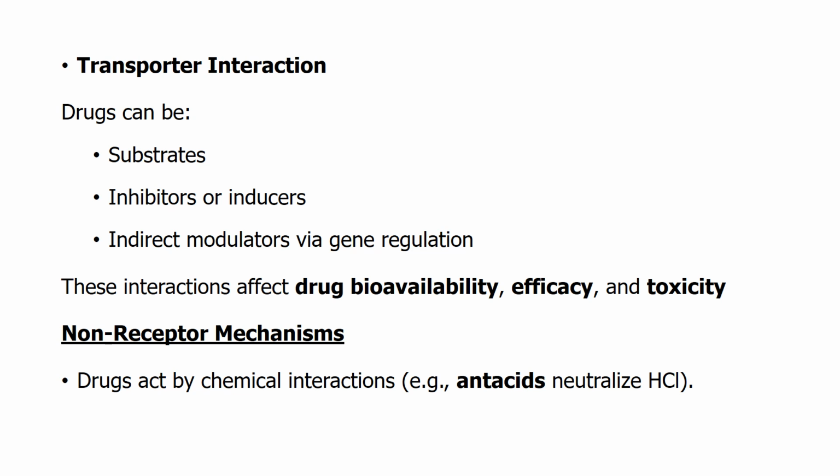We have also learned that there is something as non-receptor mechanism, where drugs act by chemical interaction, such as in the case of antacid, neutralizing hydrochloric acid or hydrogen chloride.